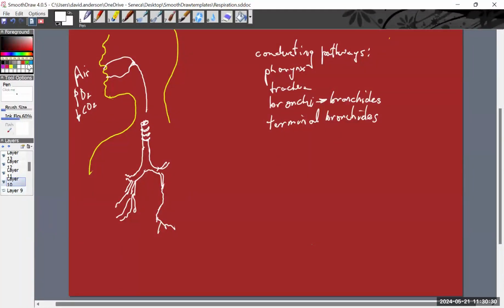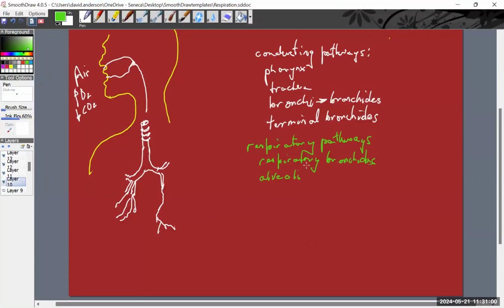Then when we get to our respiratory pathways, those are the respiratory bronchioles and the alveoli.